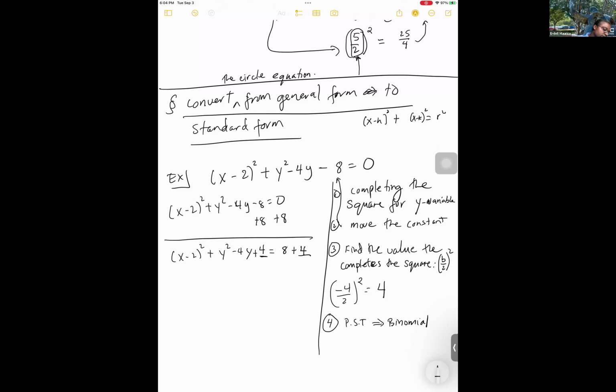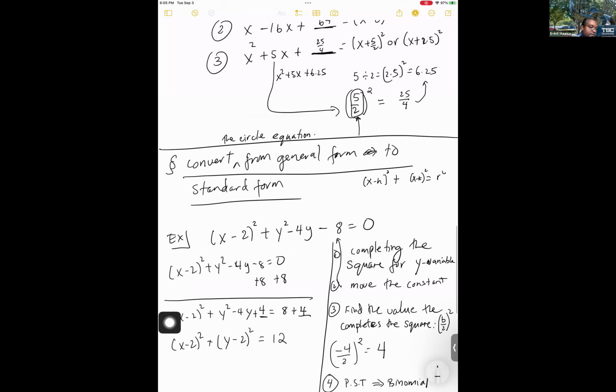And so this becomes (x minus 2) squared plus (y minus 2) squared equals 12. Is everyone clear on how I got the y minus 2? How I went from the perfect square trinomial to the (y minus 2) squared?